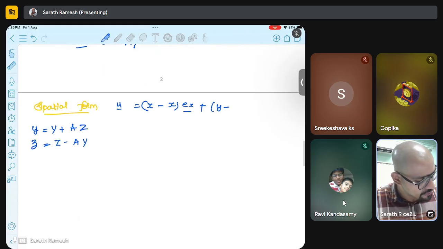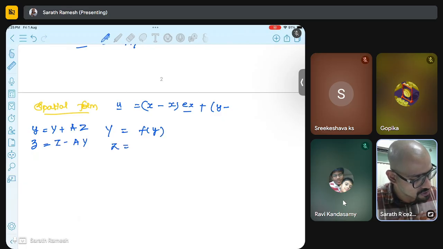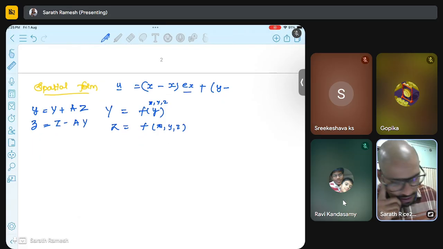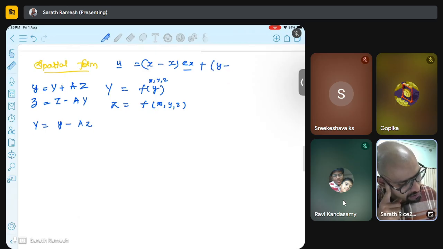So we need capital Y as a function of small y, and similarly capital Z in terms of small z, that is, in terms of small x, y and z. So just do the substitution method and let's find it out. Capital Y can be substituted as small y minus AZ, and let's substitute it back.